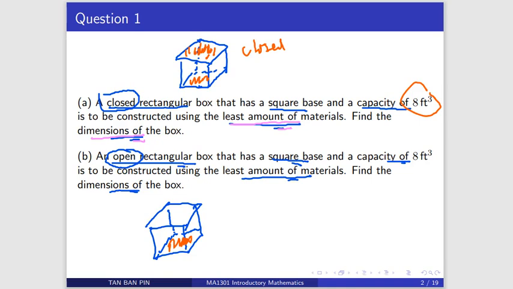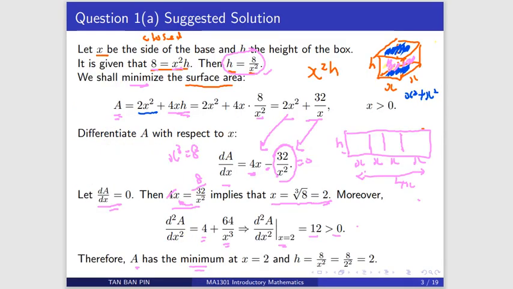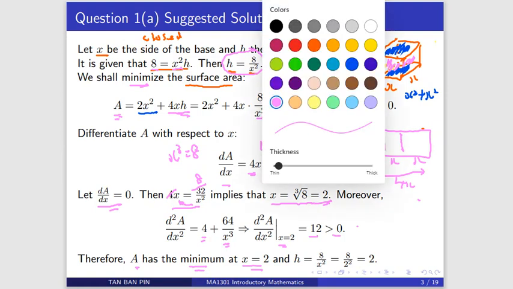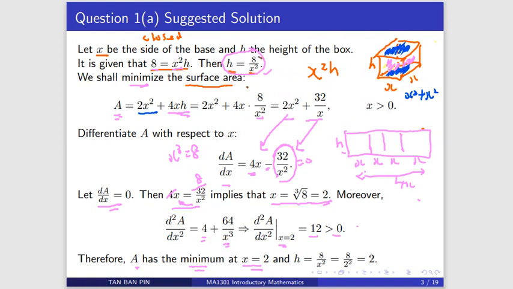So it occurs when x is 2, and then you find the height. The height is 8 over x squared, so sub x as 2, you get 2. So to minimize material, you build it as a cube: base 2, breadth 2, height 2.